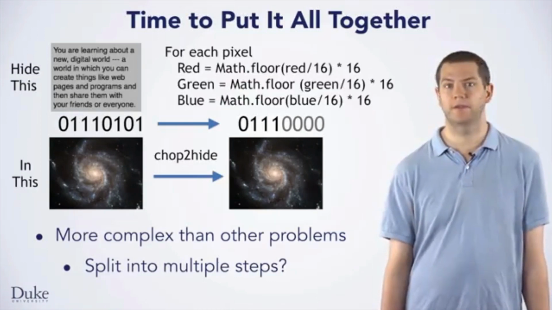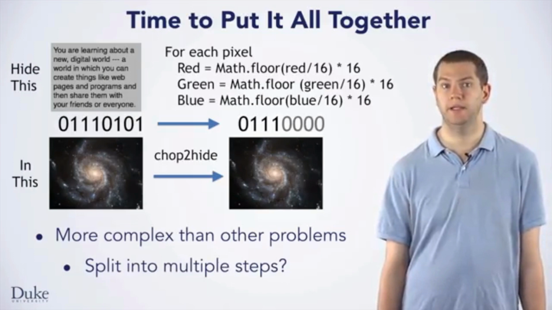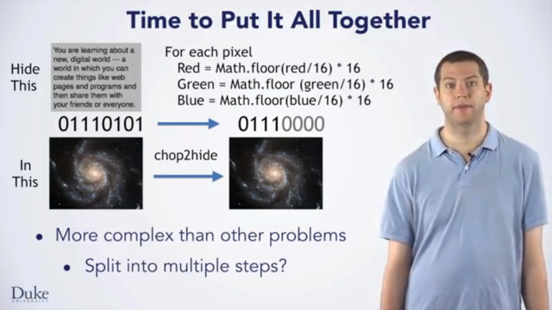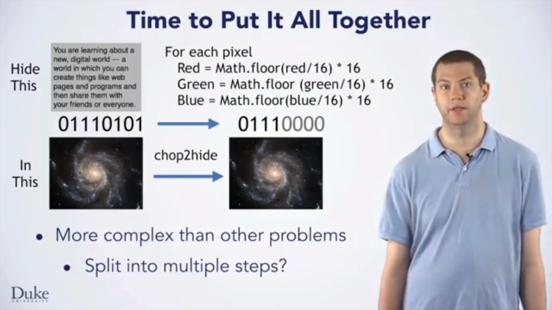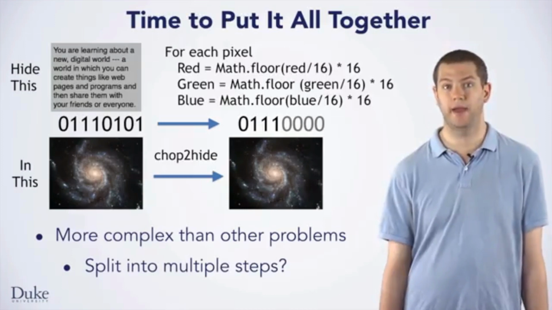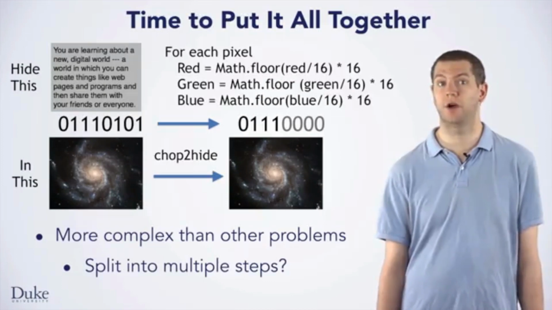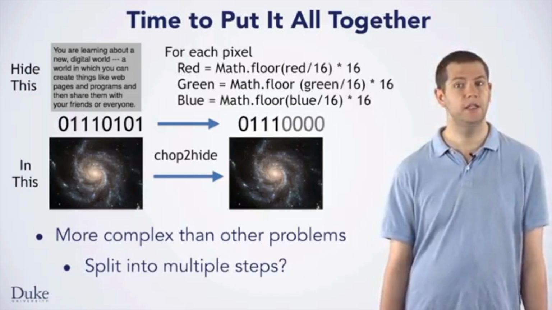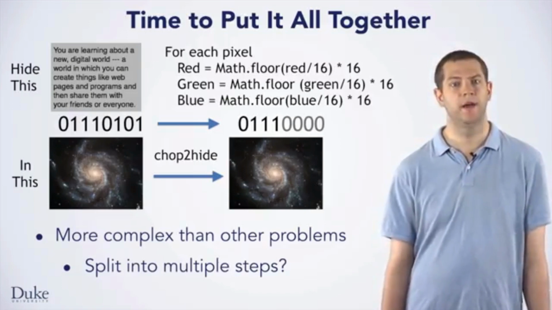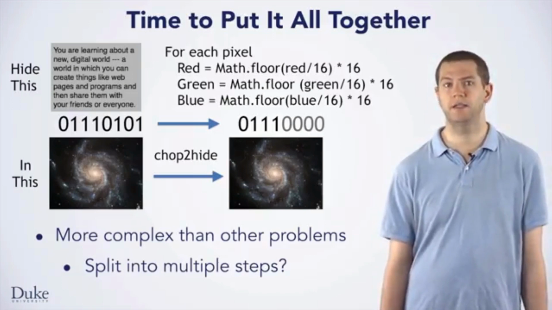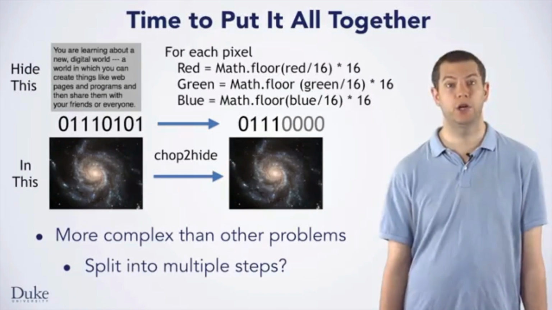The algorithm for this function would be to iterate over each pixel in the image and do this math to the red, green, and blue components. You want to divide by 16, take the math.floor of that result, then multiply by 16. You might want to extract this repetitive math out into its own separate function, then just call it in each place. The resulting image should look pretty much the same as the original, as we show here.